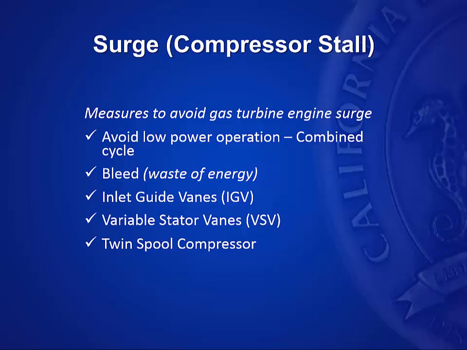What that will do is direct the air against the corresponding next blade at an angle that is appropriate. So we can rotate the vanes so that the airflow is appropriate for that mass flow rate and different conditions, and that will help to eliminate stall.